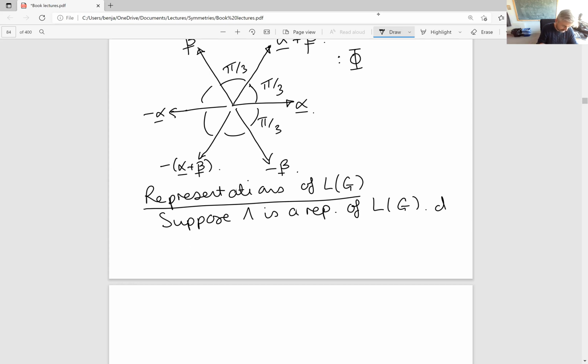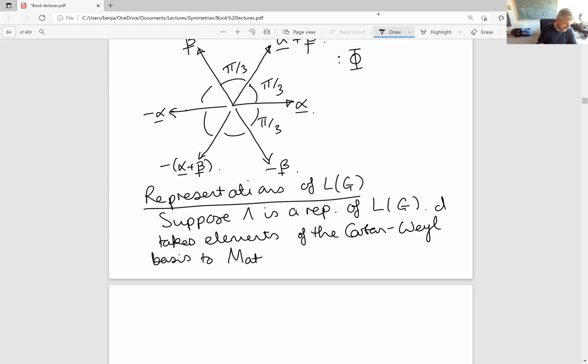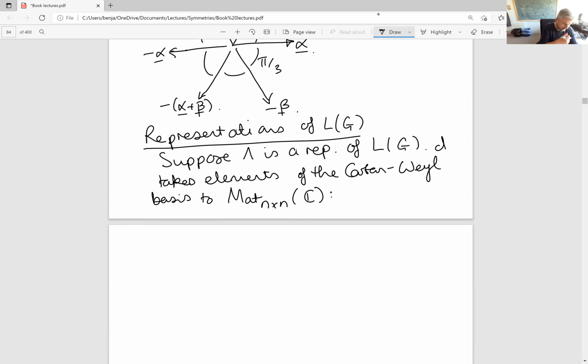It takes elements of the Cartan-Weyl basis to some n by n matrices over the complex numbers.